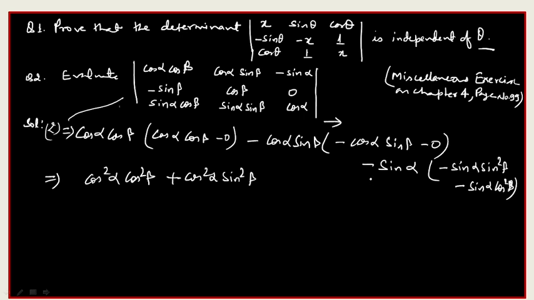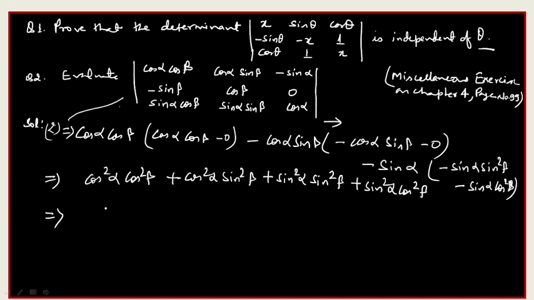Then further minus sin alpha, and here minus sin alpha sin square beta is there. So minus minus will become plus, and sin square alpha sin square beta is there, and then minus and minus again will become plus. Here also sin square alpha and cos square beta.